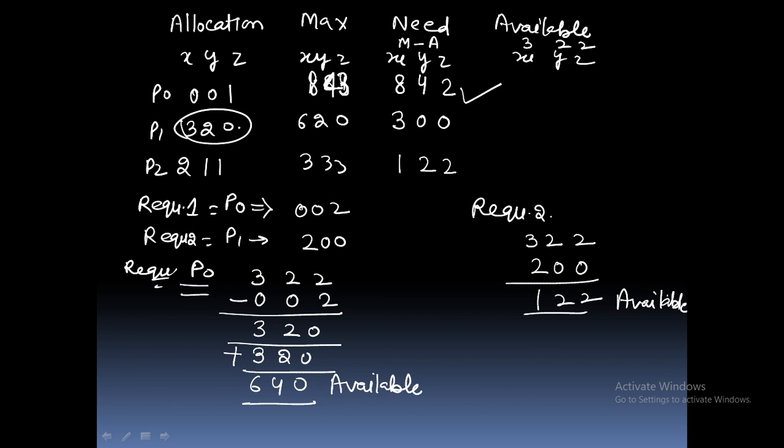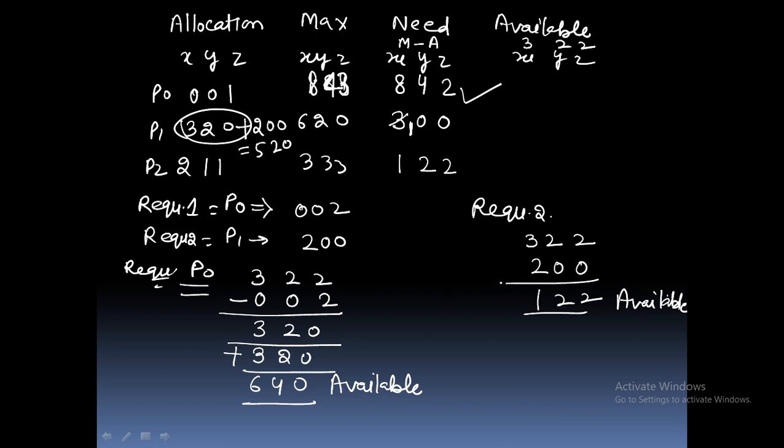Here we add 200, it will be now 520, and here it will be 100 need. Now you can check whether request 2 can be permitted or not.